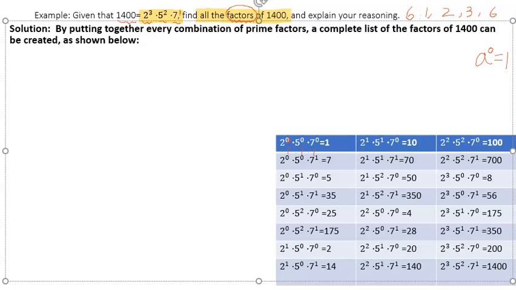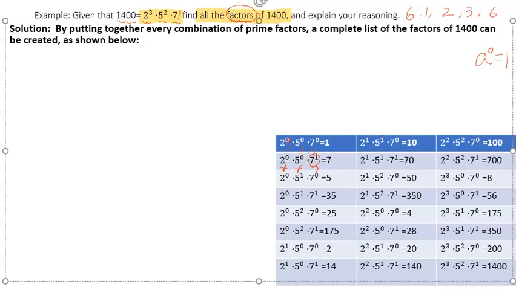But you could also take, let's say, 1 copy of 7, but not pick 2 and 5, which means 2 to the 0 and 5 to the 0 automatically become 1. But 7 to the first gives us a 7. So when we multiply 1, 1, and 7, that gives us 7.